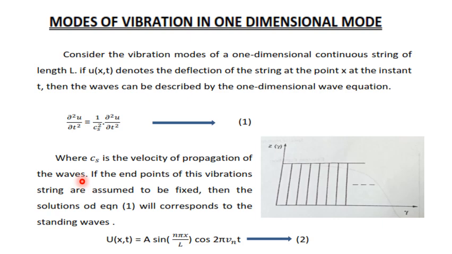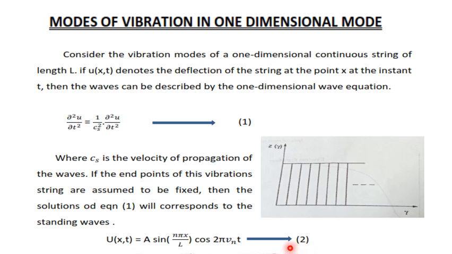When the string is vibrating, if one end of the vibrating string is assumed to be fixed, then the solution of equation 1 will correspond to the standing waves, u of x,t is equal to A sin n pi x by L cos 2 pi nu n t.